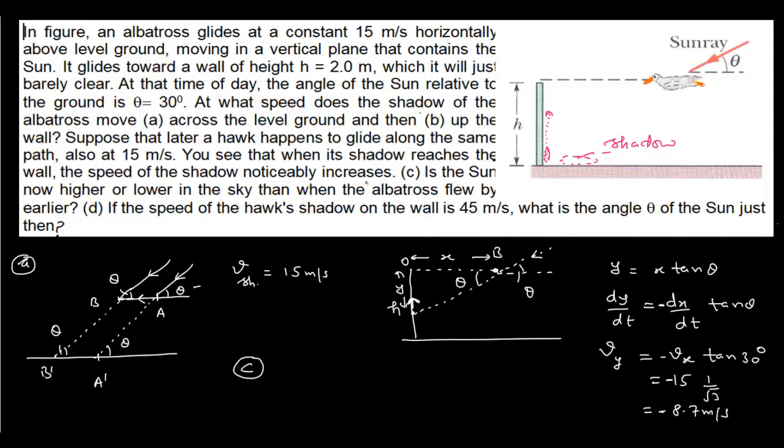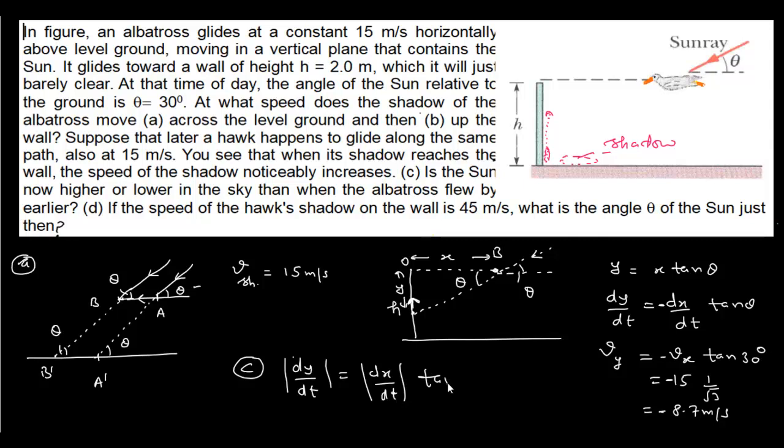Now from that we have to tell whether the sun is now higher or lower in the sky. So from here you can see that dy by dt is equal to dx by dt times tan theta.